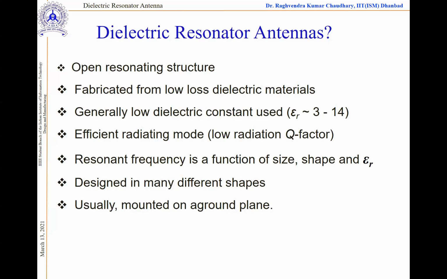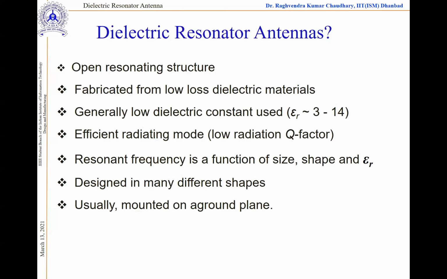The second thing is that these are efficient radiating modes. Another point is that the resonant frequency is a function of size, shape and permittivity. So we can control these things, the band and all. And a very important point is that we can say something about the far field properties by seeing the mode.